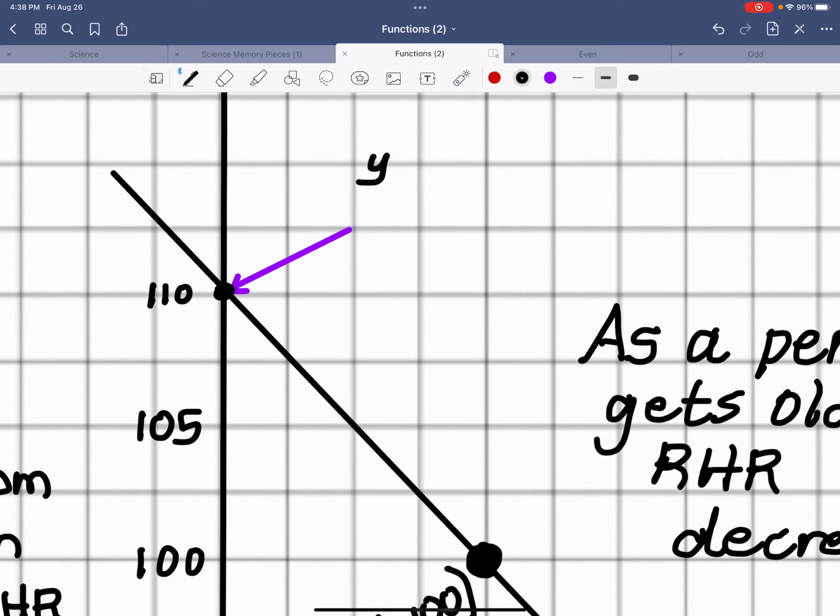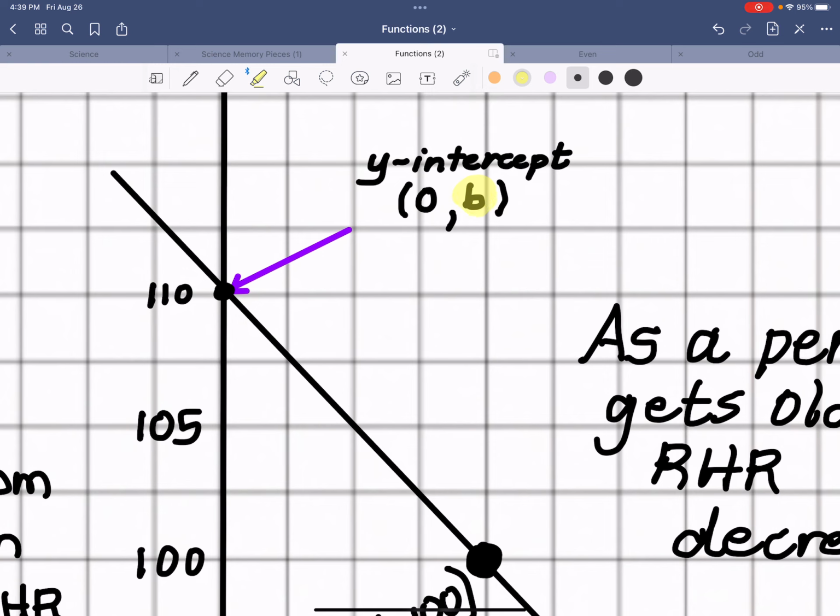But the y-intercept, let's just review what that is. It is the point where the line touches the y-axis, and it is a point. The x will always be 0. And the y is that b value, the baby b, that we've been looking at all through this course.